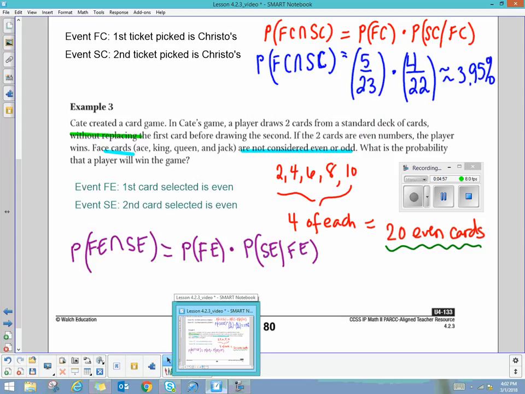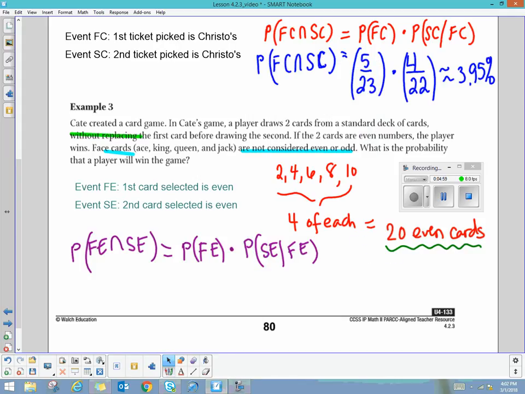So as I explained over here, we have 20 even cards out of a total of 52 cards from a standard deck. And that will get multiplied by, well, now I'm going to pick one even card and not put it back. So now there is 19 out of a total of 51 cards.